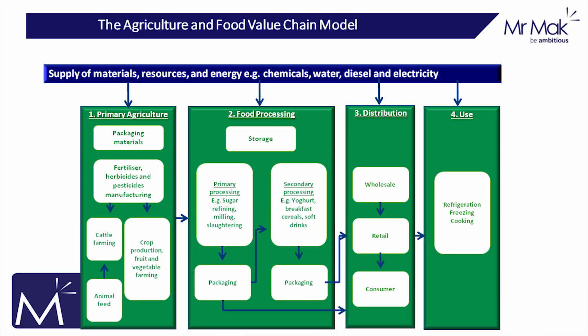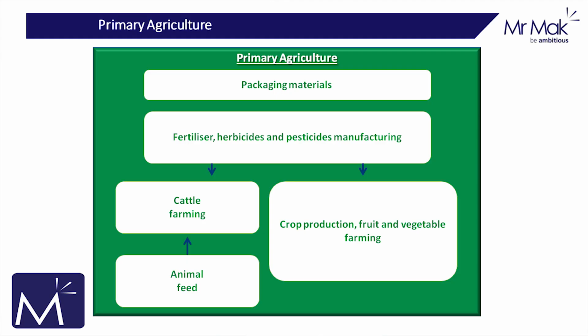So the key areas are primary activities, the second part is the food processing, and the third part is the distribution. I'm going to kick off on primary activities. So primary agriculture activities are focused on cultivating crops and rearing livestock.